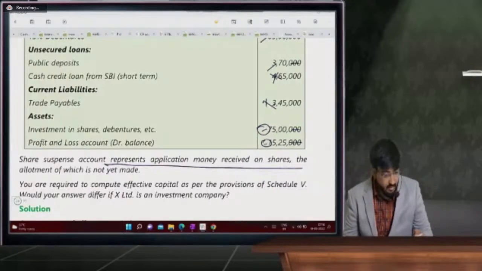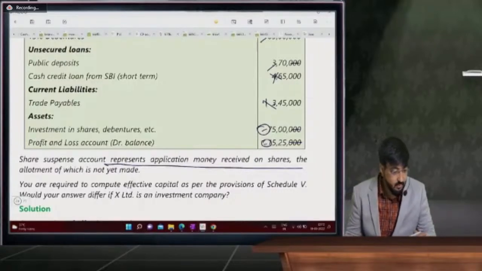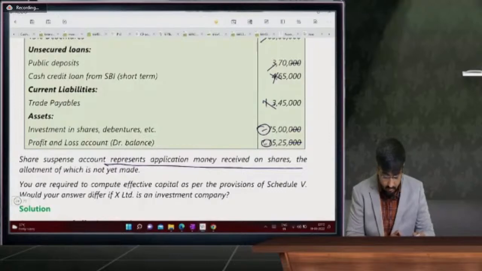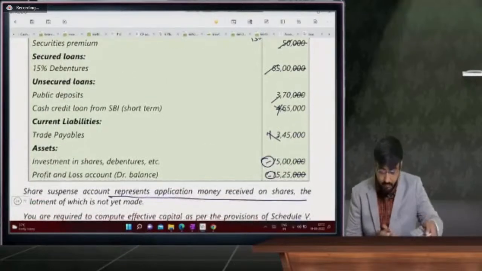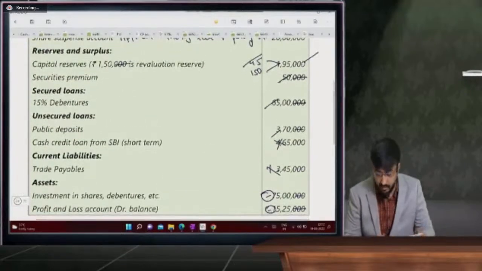What went wrong now? What is the answer? The calculator is not working. I don't know why. What happened? What is the answer? Please, friends.